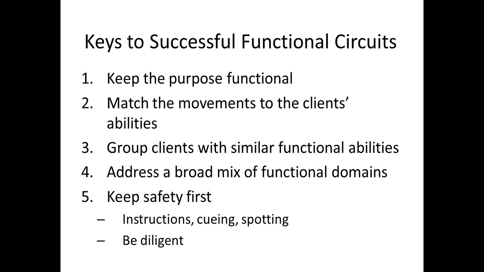So you need to organize your groups and circuits so that you maximize their safety and minimize the chance that they will fall. Whether that's using a bar on the wall, or using the wall, or using partners, or a chair to hold on to, whatever it might be, make sure that you are really focused on being safe.